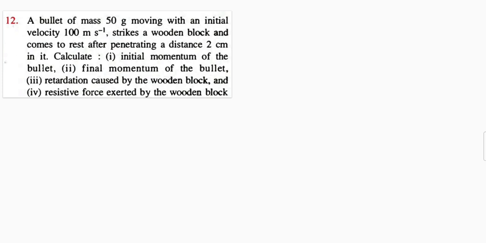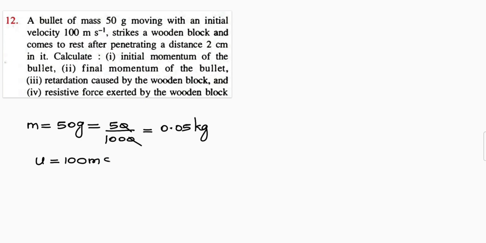Question number 12. A bullet of mass 50 grams converted into SI units, that is 0.05 kg. Initially it is moving with a velocity of 100 meters per second. So that is U is 100 meters per second. And then it comes to rest after penetrating a distance of 2 centimeters. Again this is not in SI unit, converted into SI unit, that is 0.02 meters.